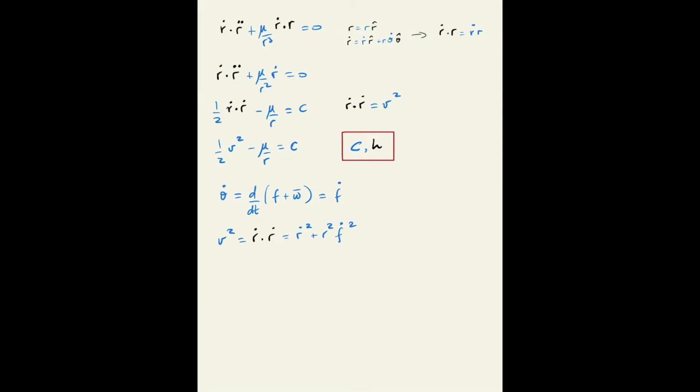Now, if you take the equation of the orbit and differentiate it, what you have is r dot equal to r f dot e sine f over 1 plus e cosine f.